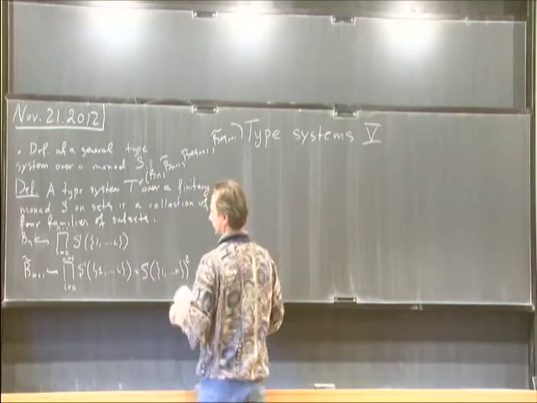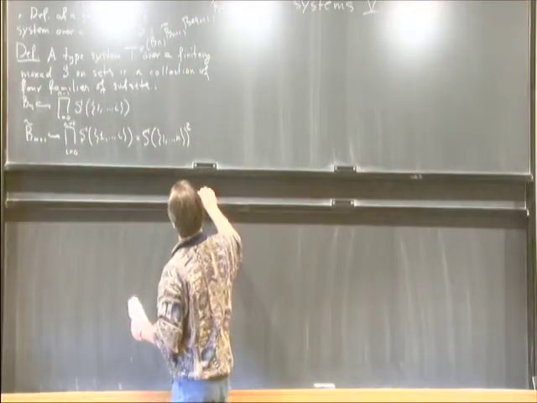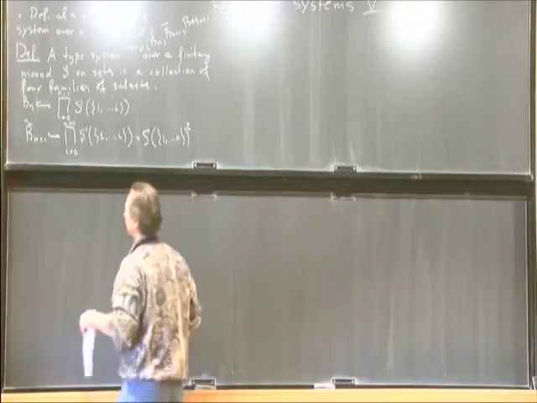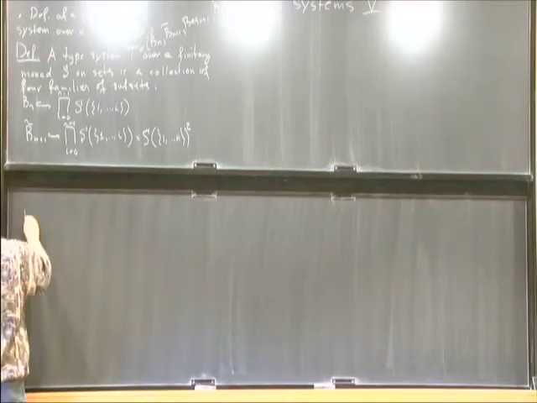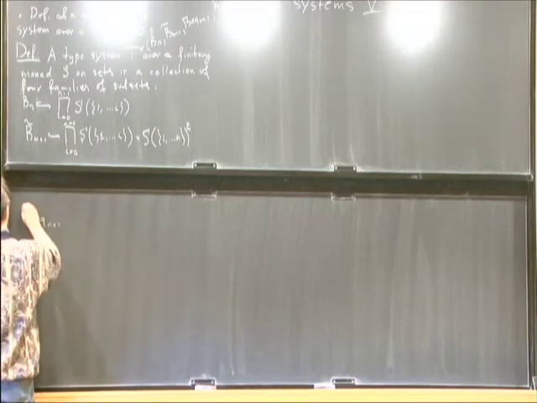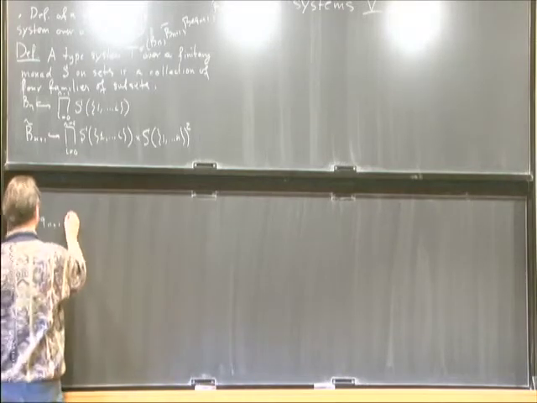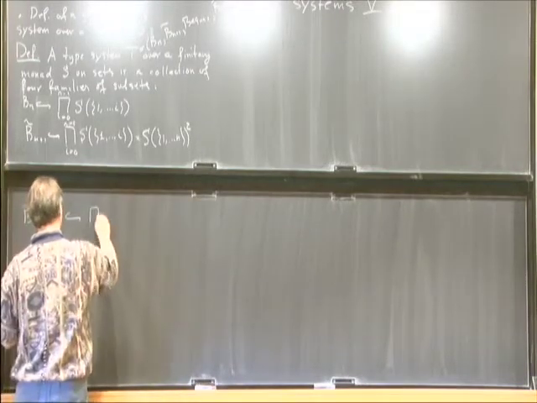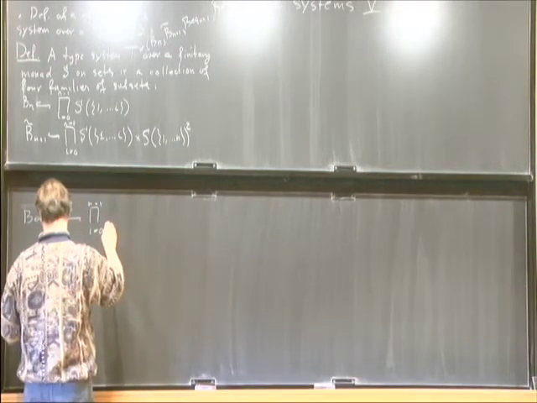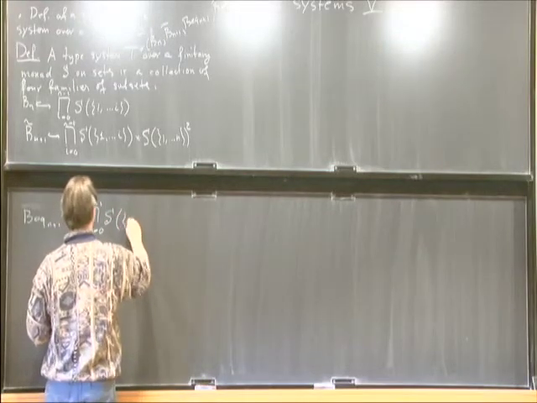BEQ n plus 1, probably without tilde first, is a subset in the product over i equals 0 to n minus 1. It's the same thing as here, but it's a totally different subset.